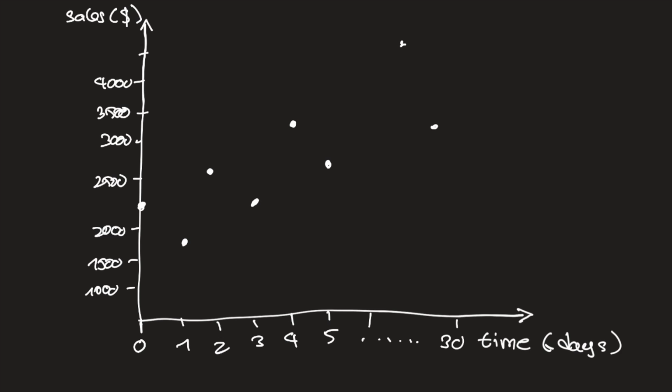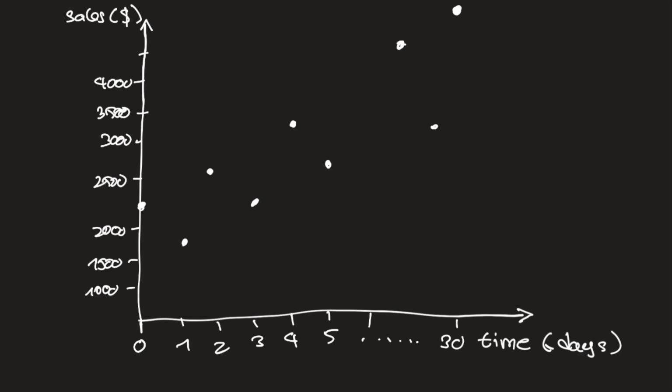And so it keeps growing, and at the end, we end up somewhere here, right? So these are the data that we have. And as you can see, there seems to be indeed a positive correlation. By correlation, I mean a positive relationship: as time increases, sales also increase.